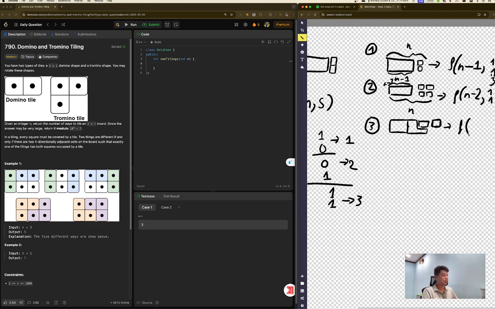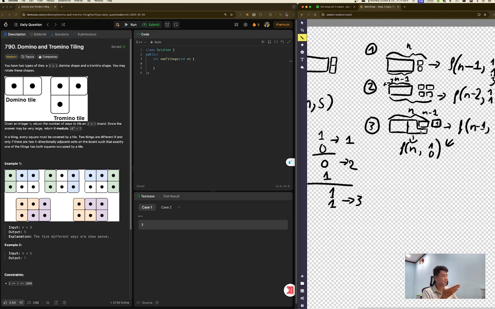The state is f(n), you see the 0, 1, right? This is n-1, right? And the state is 1 and 0.